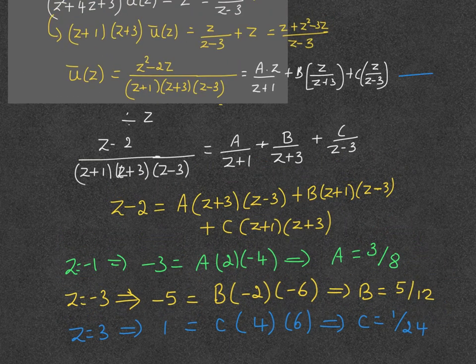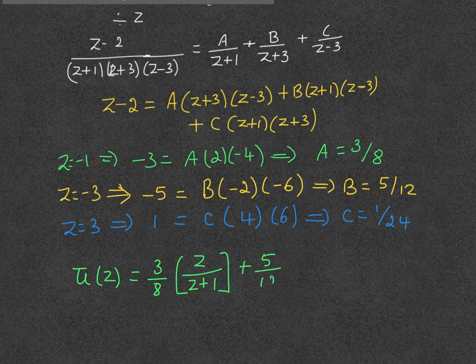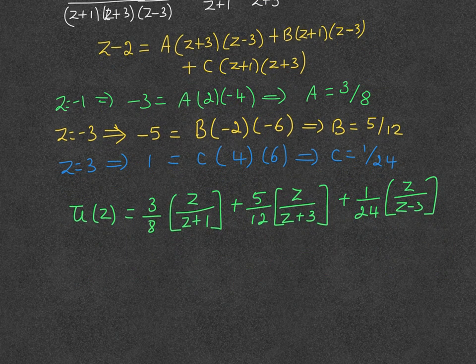Substituting all this in the first step where you are resolving into partial fractions, you can write u bar z is A is 3 by 8, z by z plus 1, B is 5 by 12, z by z plus 3, C is 1 by 24, z by z minus 3. So operating inverse Z transform on both sides, we get un on the left, 3 by 8.